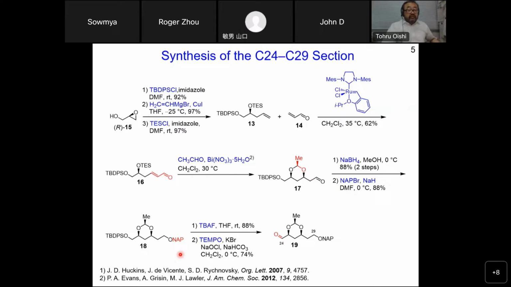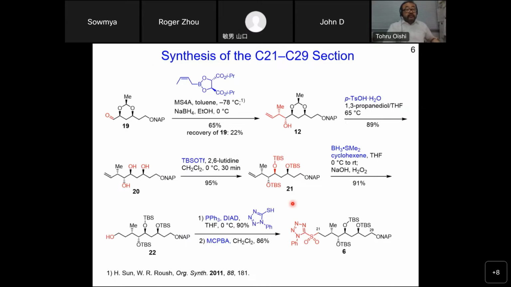Then removal of the silyl group with TBAF and oxidation of the primary alcohol gave aldehyde 19. Then this aldehyde was subjected to the asymmetric crotylation reported by Professor Roush using this Roush reagent to give this compound as a single isomer.